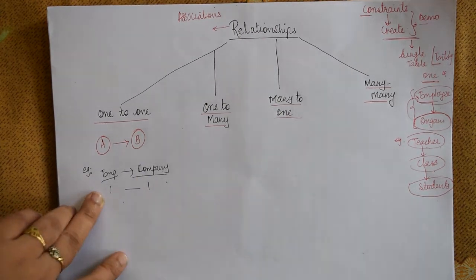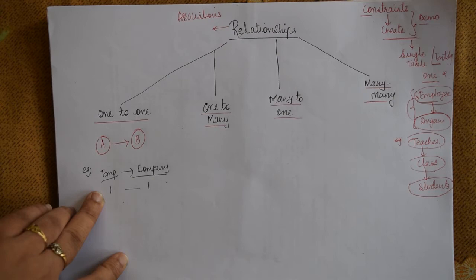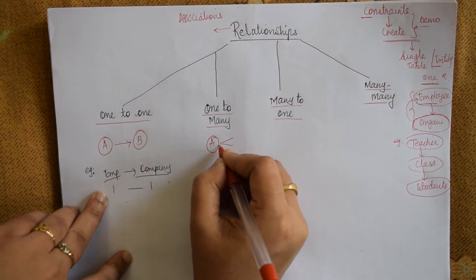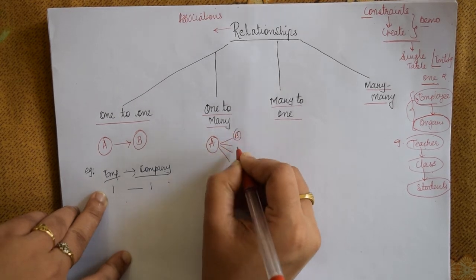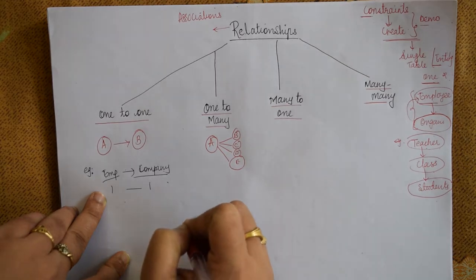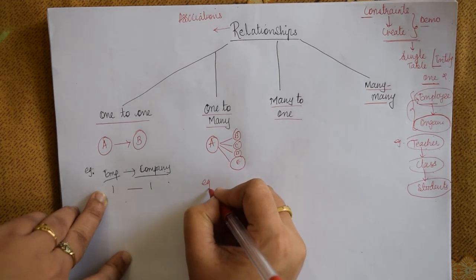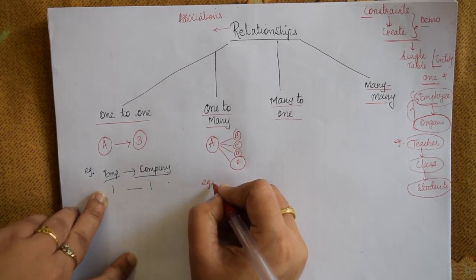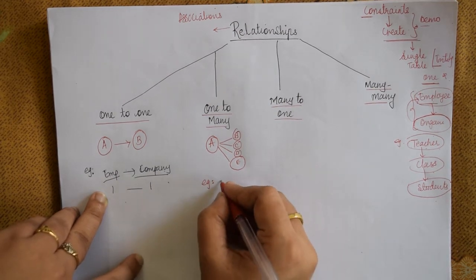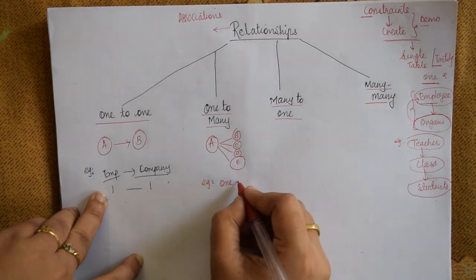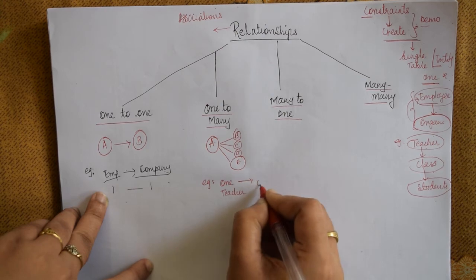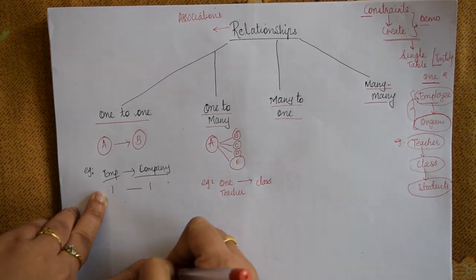Next is the one to many relation. One entity belongs to more than one entity. For example, one teacher teaching many classes.